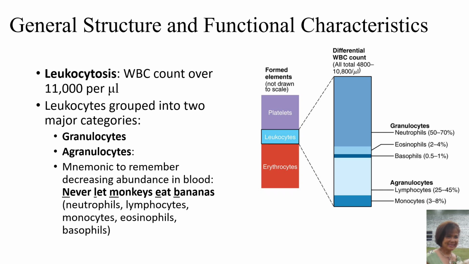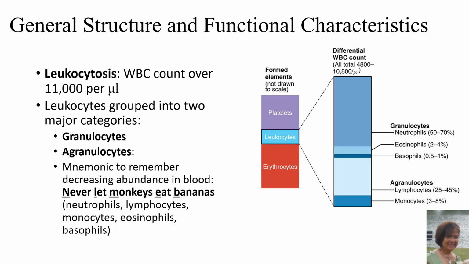According to their abundance in the blood, I will be asking you in your exam to put the leukocytes in order of abundance in the blood, from the most abundant to the least abundant. You have a mnemonic to remember that.